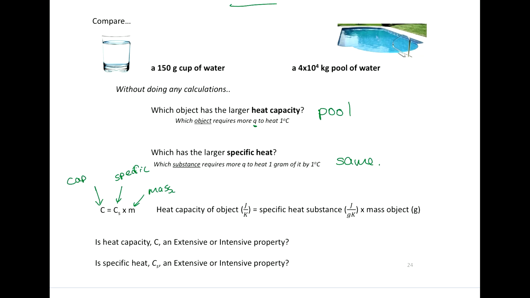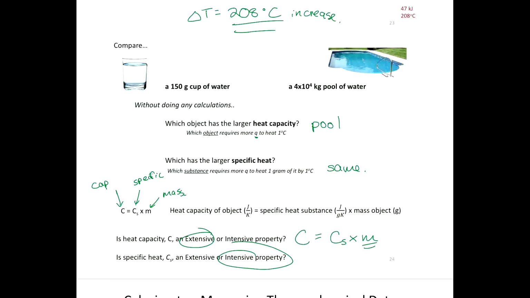So I can turn a specific heat into a heat capacity by multiplying by the mass of how much of your object is there. What we see here is heat capacity is an extensive property because it is specific heat times the mass of your object, but specific heat is intensive. It depends on what the identity of your object is.